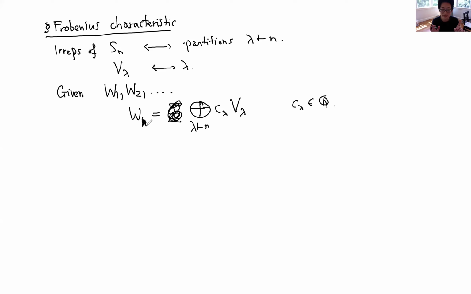Sorry, let me start over. If you have some sequence of virtual representations of Sn, then up to isomorphism, they look like formal linear combinations, c_lambda V_lambda. And I want some way of remembering them all at once in one gadget. That's what a Frobenius characteristic is. Okay, so we will do this as follows. Let me just write that down so you see what the logic here is.